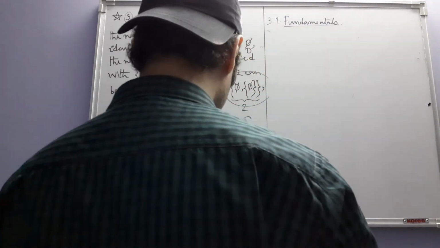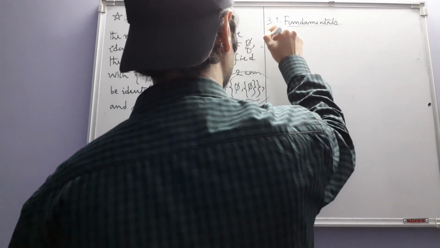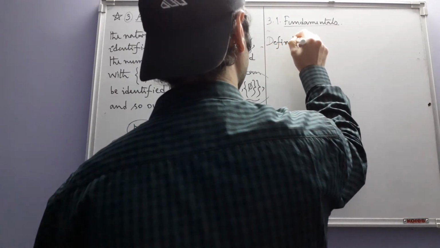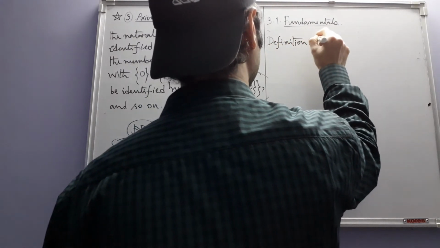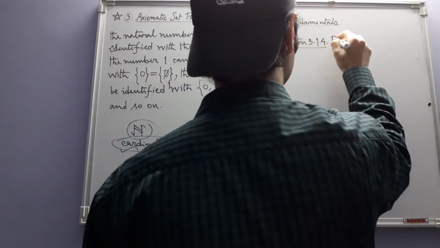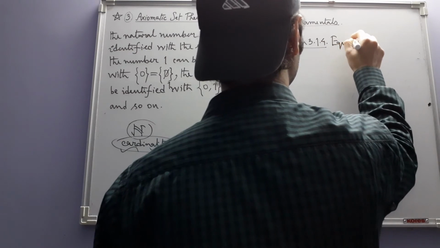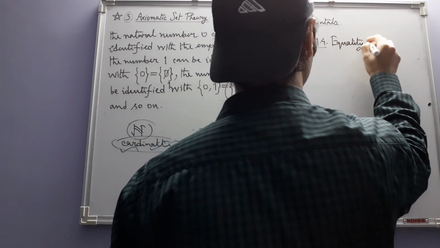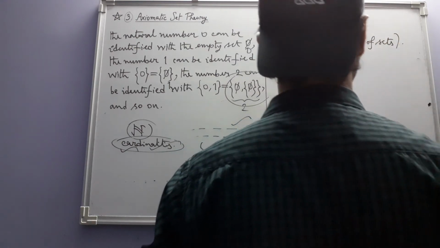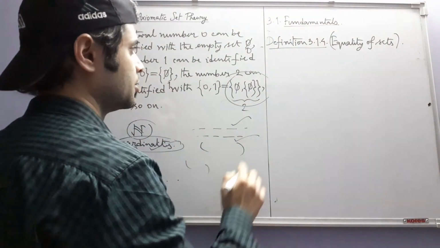This is Definition 3.14, equality of sets, which we already know, but still let us define it once more.